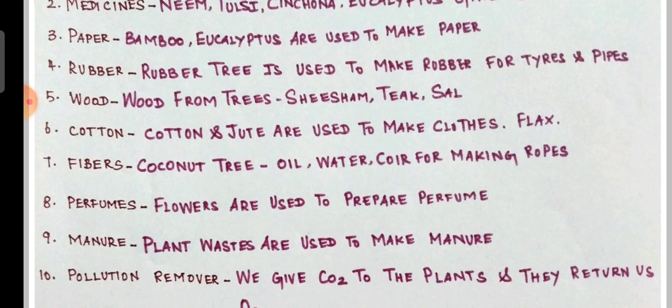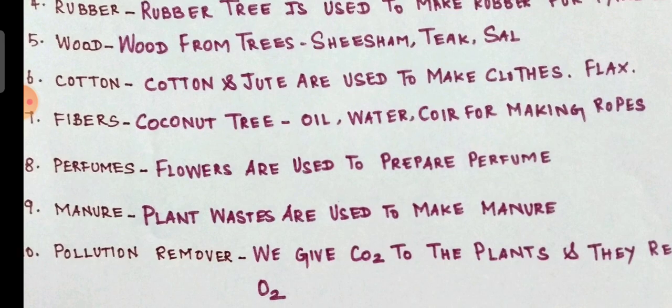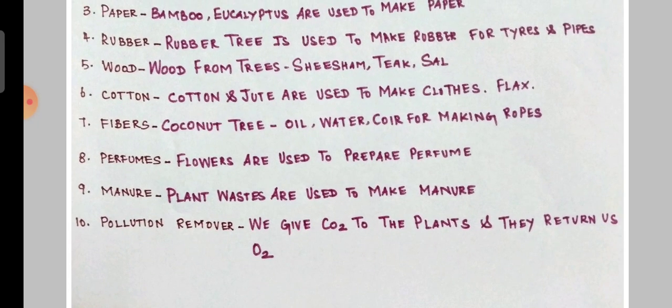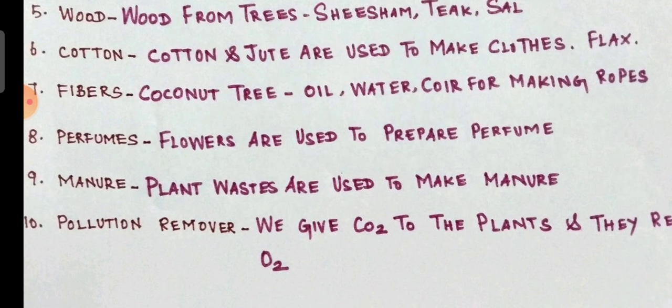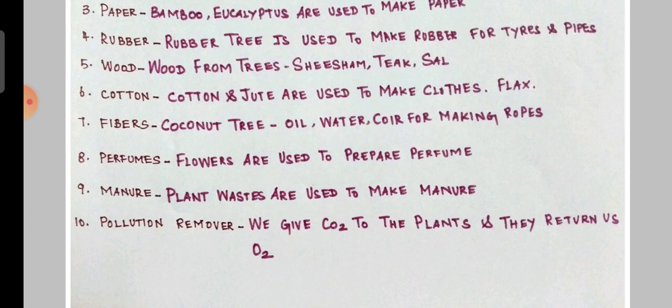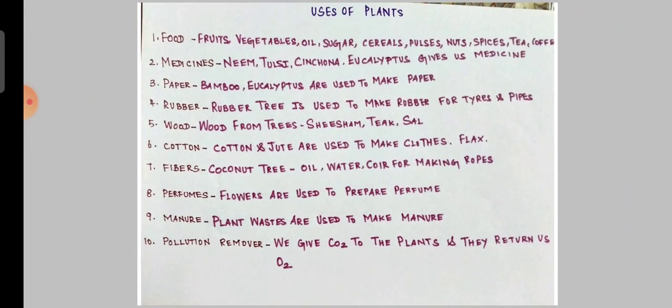Perfumes: flowers are used to prepare perfumes. Manure: plant waste is used to make manure, and plants are a great pollution remover, as we give carbon dioxide to the plants and they return oxygen to us. So these are the uses of plants.